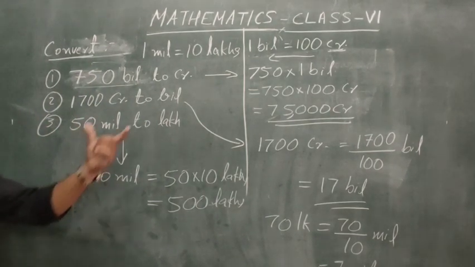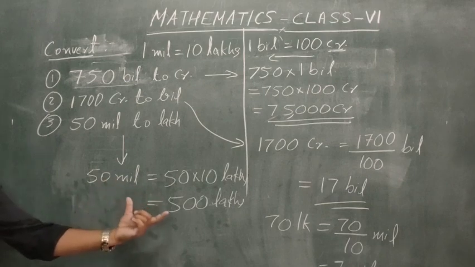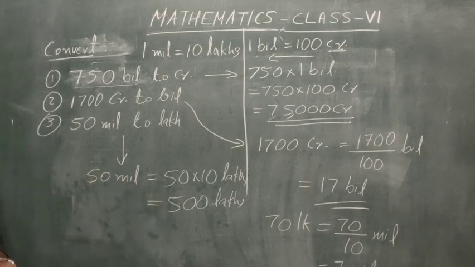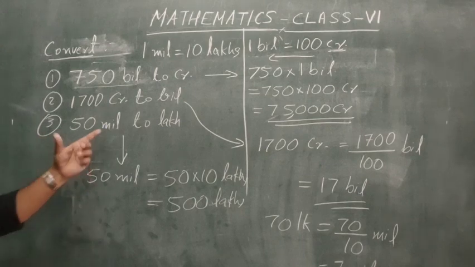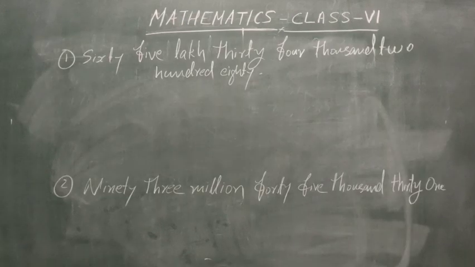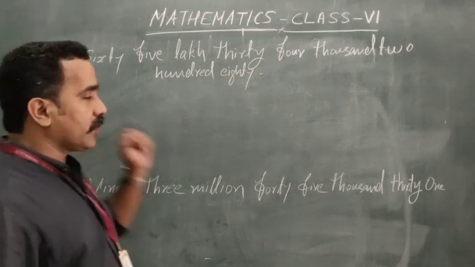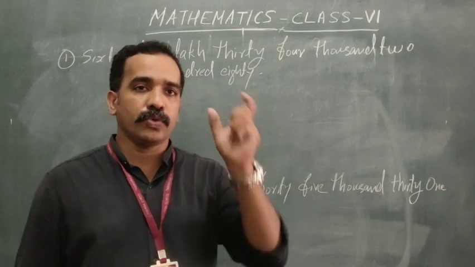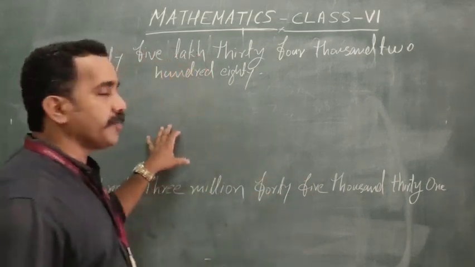That is what we are going to see next. So look at the board. Just go through this. If there is any doubt, note it down, that you can call me and ask. Okay, go through it. Okay, children, look at the board. There are two number names.